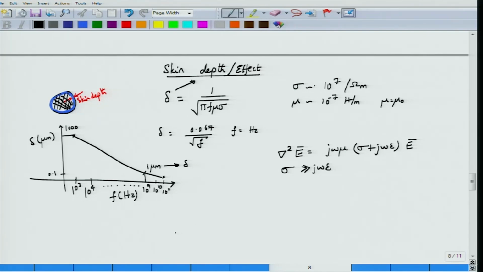Sigma is very large compared to omega epsilon. Therefore, you have del square E is equal to j omega mu sigma into E.